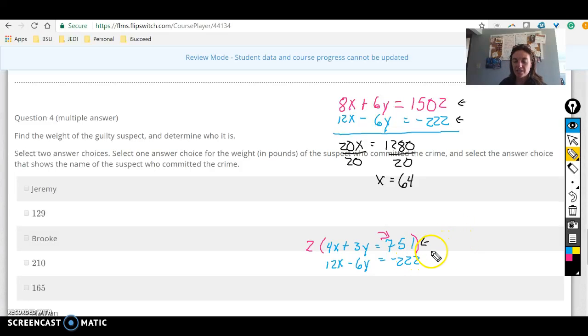And so I think I'm actually going to choose this 751. I'm going to say 4 times 64 plus 3y equals 751. So 4 times 64 is 256.